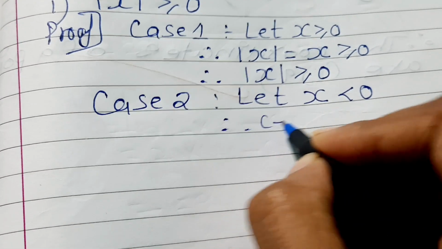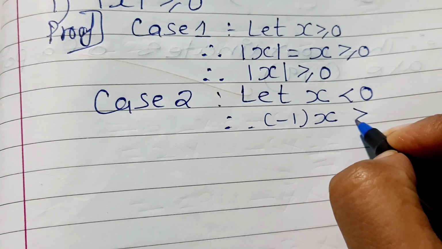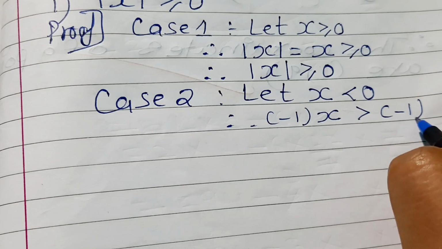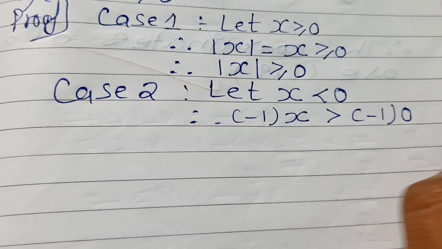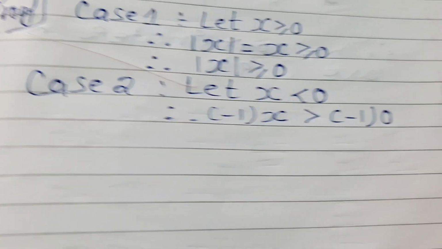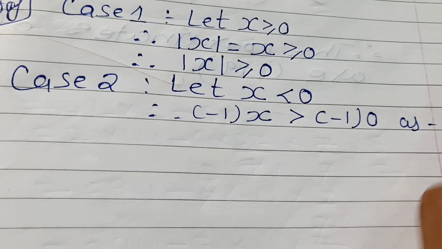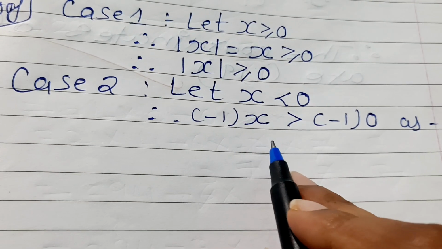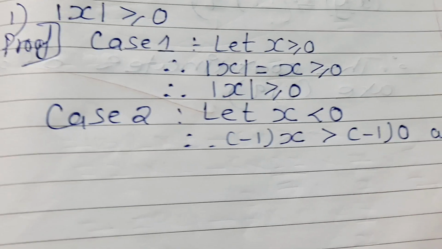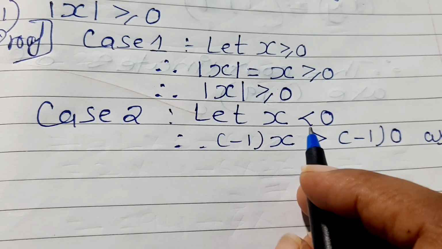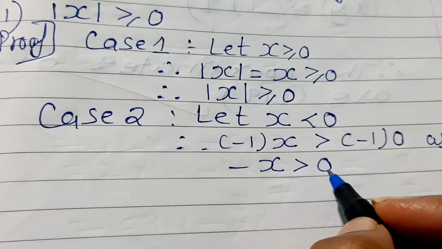Therefore minus 1 times x is greater than minus 1 times 0, as minus 1 is less than 0, so the inequality flips. So here minus x will be greater than 0.